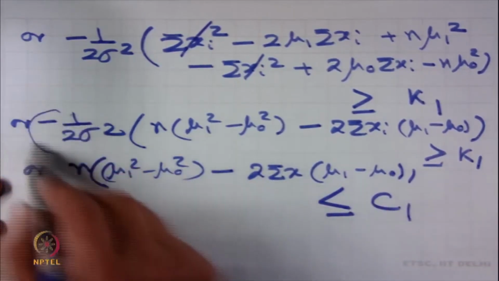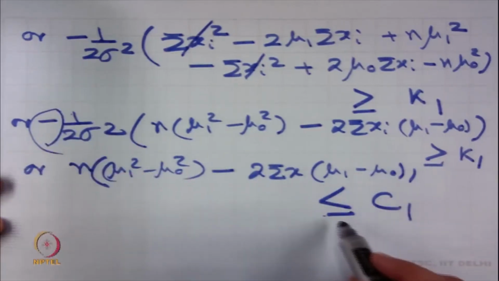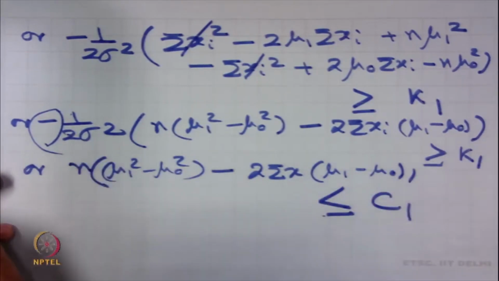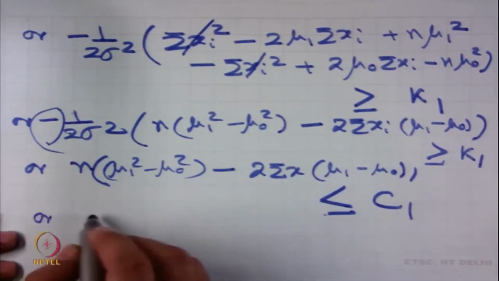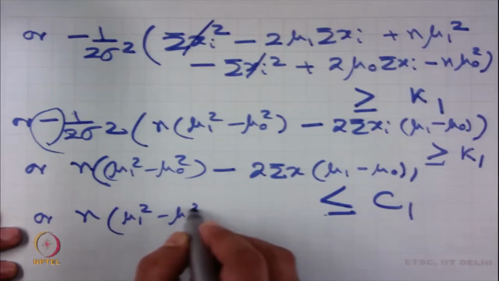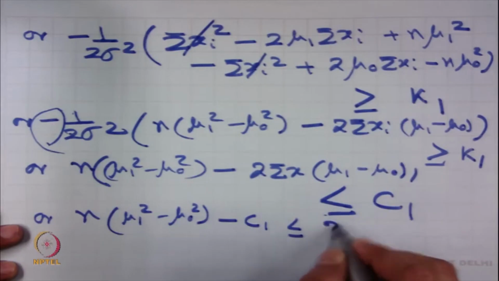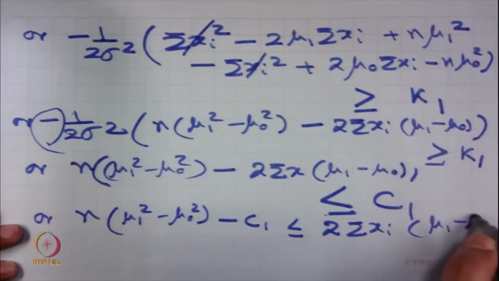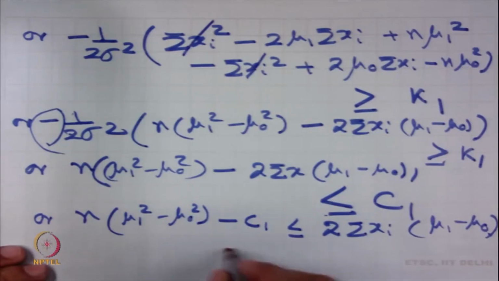This comes because this minus sign is there, therefore the inequality will be reversed, and when we multiply by 2 sigma square, we get a different constant C1. Or n mu 1 square minus mu naught square minus C1 is less than or equal to 2 sigma xi into mu 1 minus mu naught. So, let us call it 1.